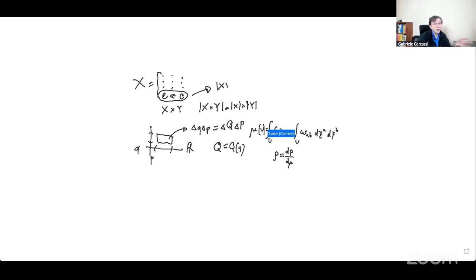Okay, so mu is basically the measure that tells you, I have a set, how many configurations do I have, and you go and integrate the symplectic form.